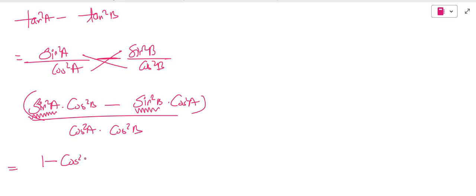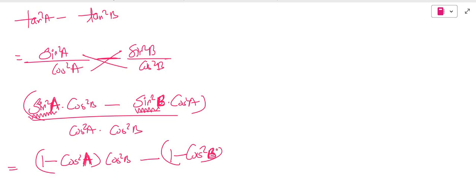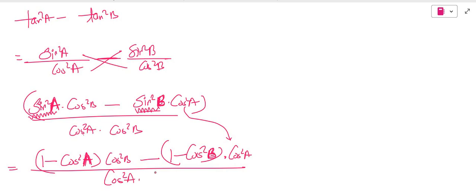Sin square A is 1 minus cos square A, cos square B minus, how to remove this? 1 minus cos square B. ध्यान रखिए, here angle is B, so I am taking B. ये ध्यान रखिए. Here angle is A, correct? That's why I have taken A. So this is cos square A, ये वाला मैंने copy किया, divided by cos square A cos square B.